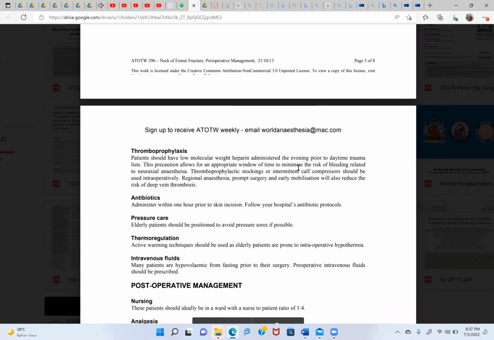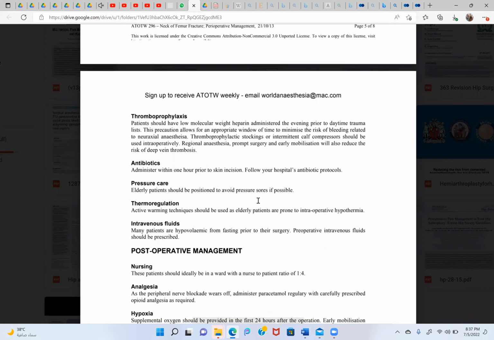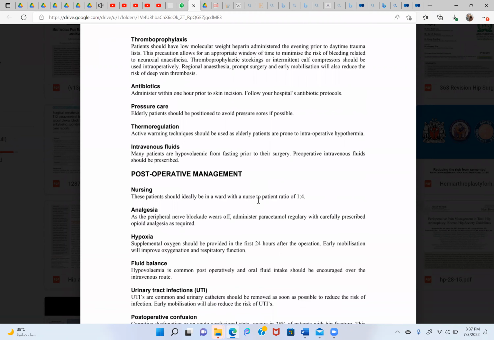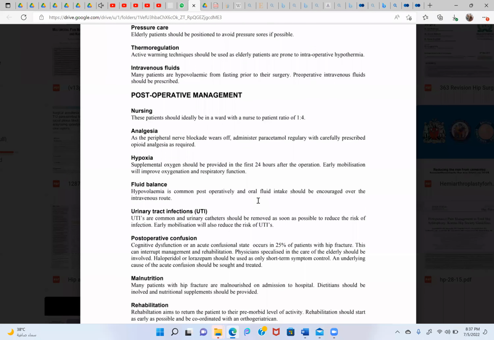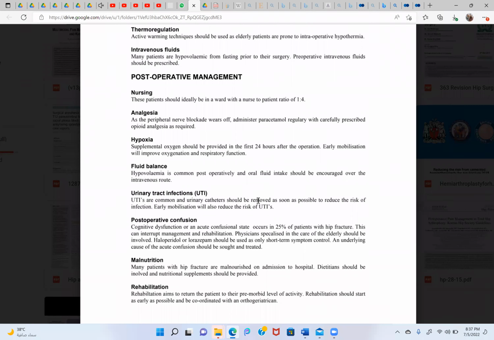You are blocking the pain sensation before it starts. The rest are the common things we have discussed a number of times, that you will be maintaining normoxia, normocarbia, normotension, normovolemia, normothermia.